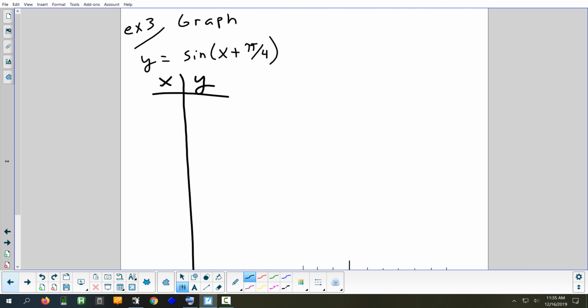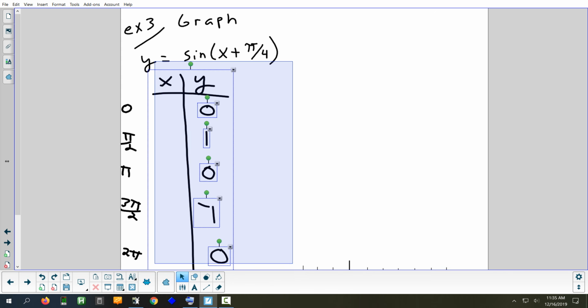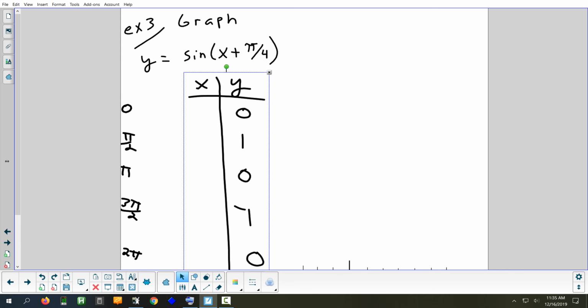Jacob, what are my y values for sine? 0, 1, 0, negative 1, 0. Yep. There's my y's. Here are my x's: pi over 2, pi, 3 pi over 2, 2 pi. Remember, those are just a starting point. They're not the answer. I'm just going to give myself one more room here.